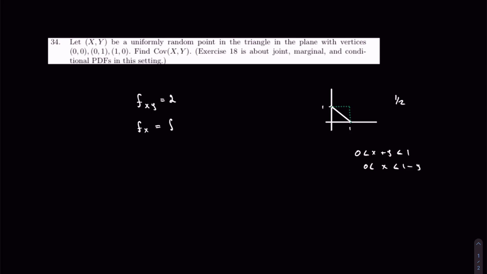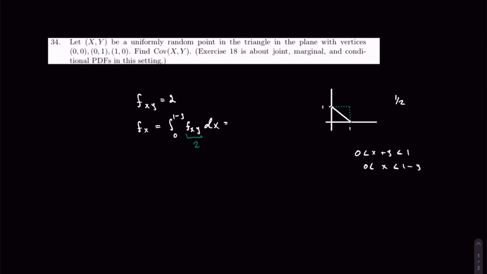So when marginalizing out x, we have the following limits over the joint f of x,y, which is just 2, dx.